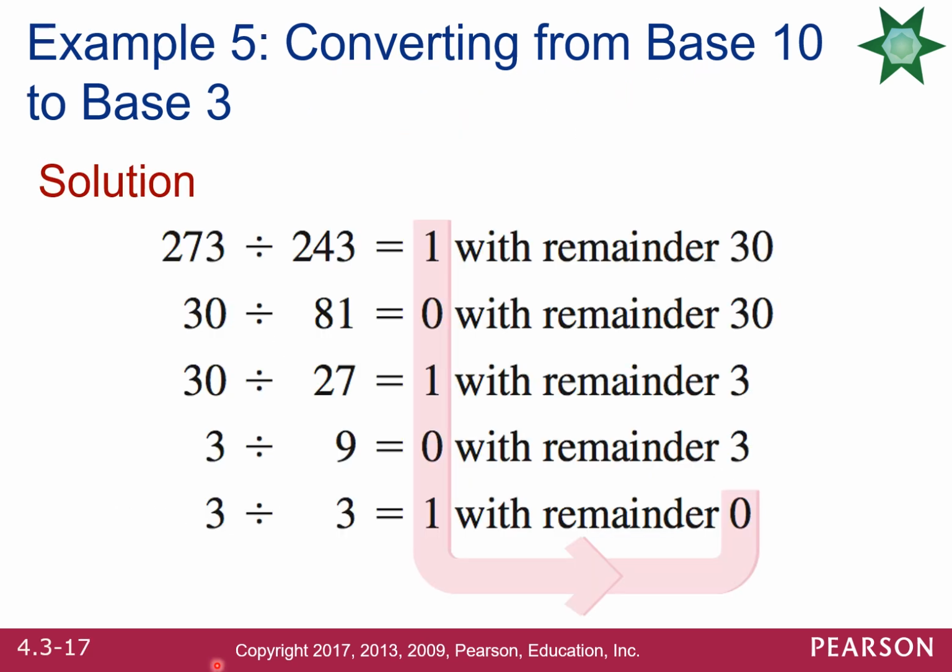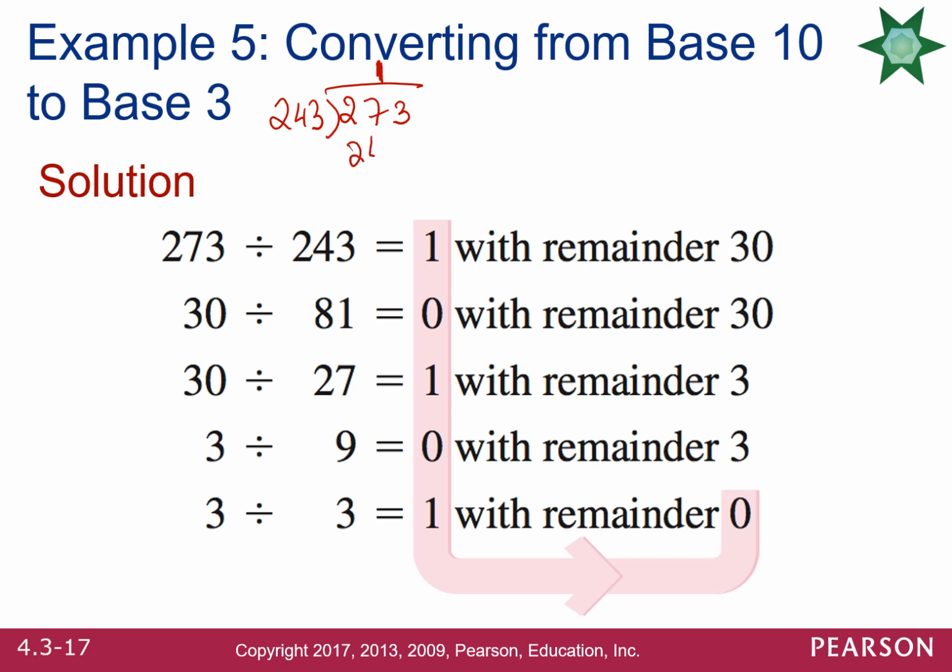So here we are performing all the divisions starting with 273. So we pick 243, which is one of the positional values of base 3, which was the closest to 273 without going over. So we start by dividing 273 with 243, and 243 goes into 273 once.